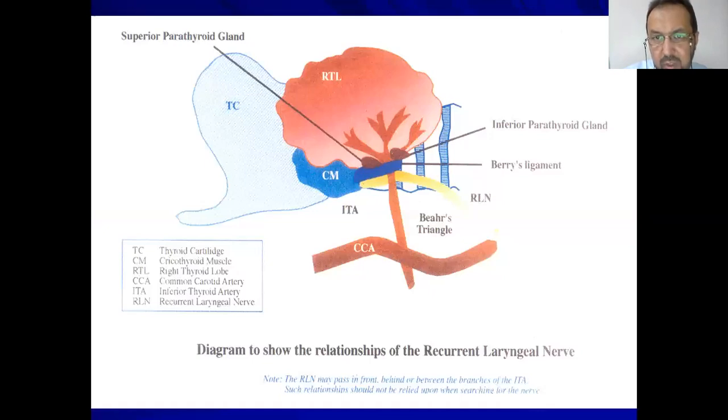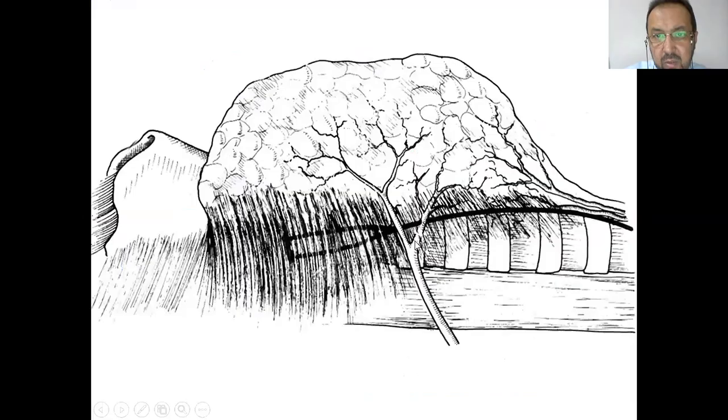The recurrent laryngeal nerve is present in the Beer's triangle, and again we can Google its boundaries to know more information about this triangle.